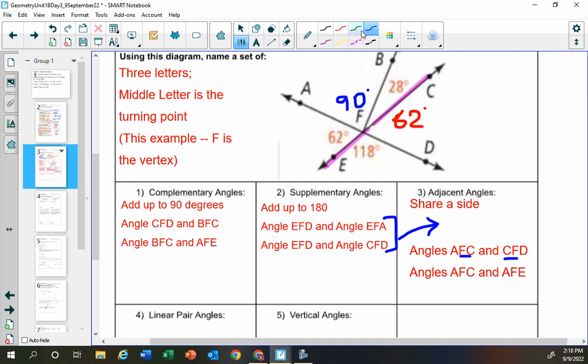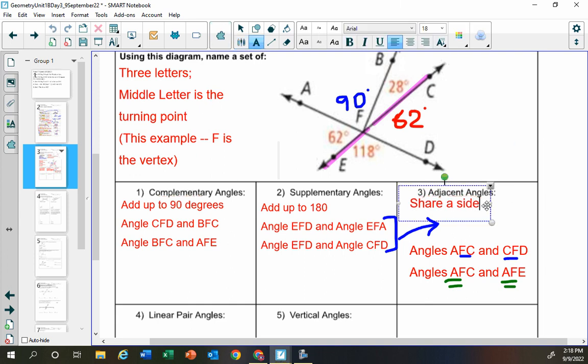And then for the bottom one, AF. That's how you can tell. Two letters must be common. So that's a good point. So share a side. So 2 common letters. That's one way you can get it. 2 common letters.